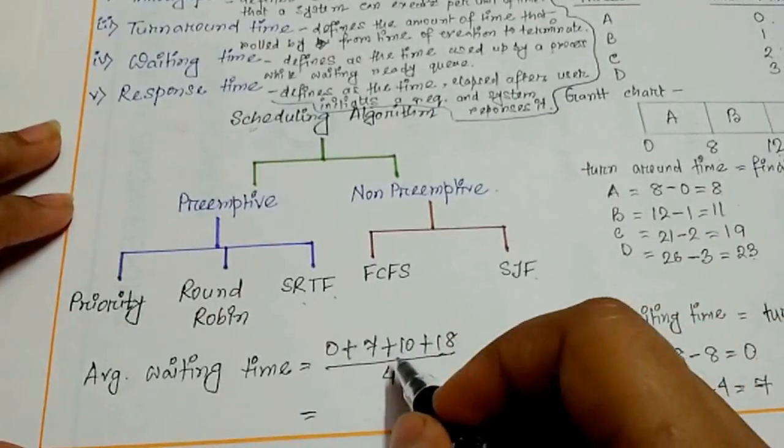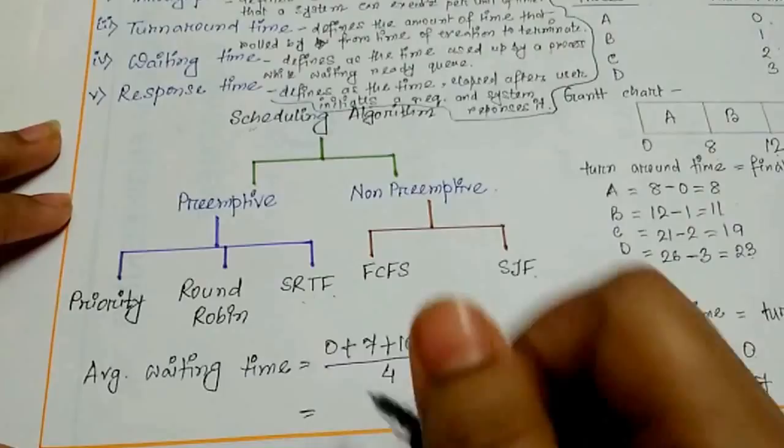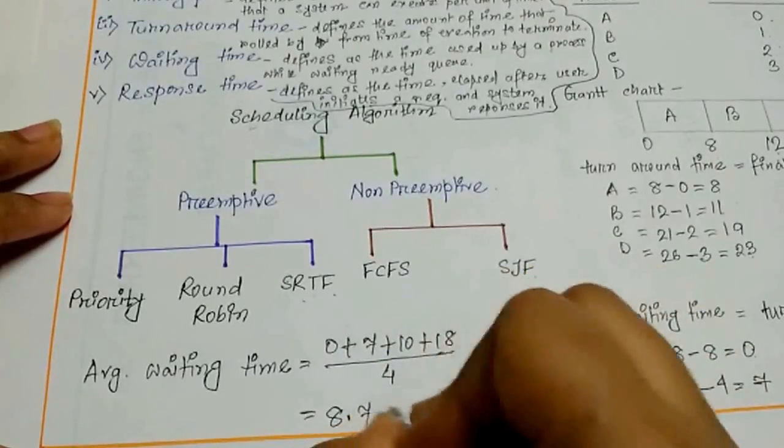By calculating this, we get the average waiting time, that is 8.75.